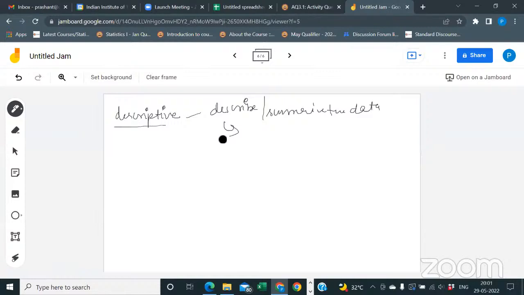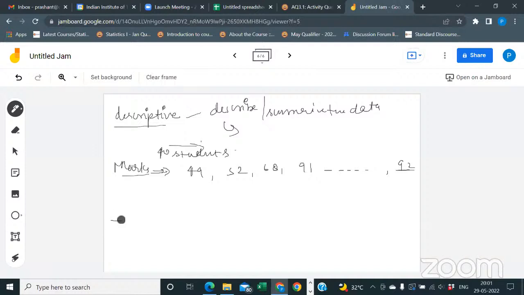One more point I want to add. Sample and population are both there in descriptive statistics; you can perform your calculations on a sample as well as on a population. Suppose you have a class of 40 students and the marks of those 40 students, like 49, 52, 68, 91, and so on.